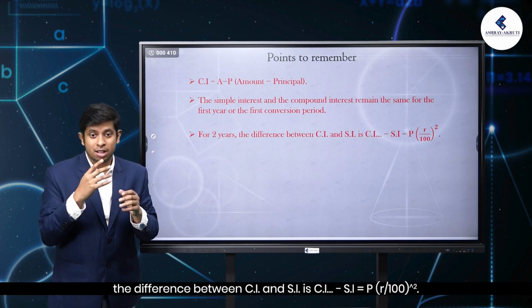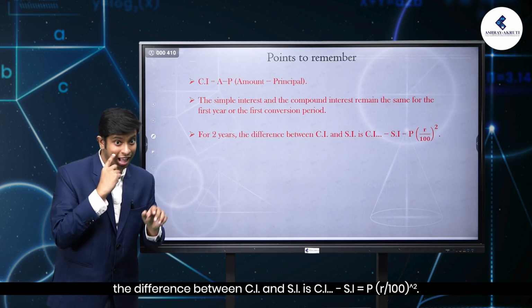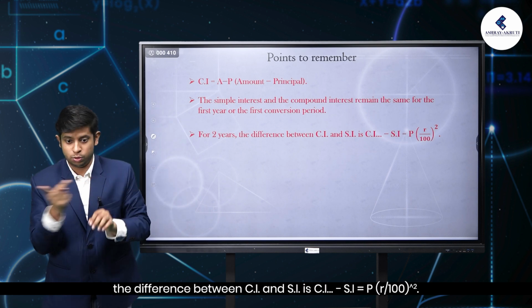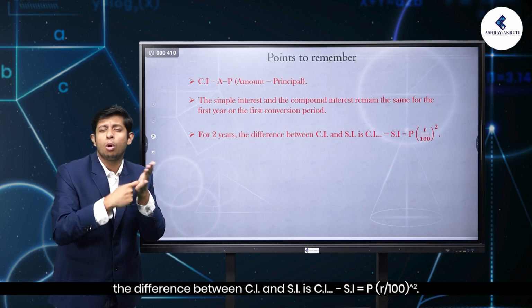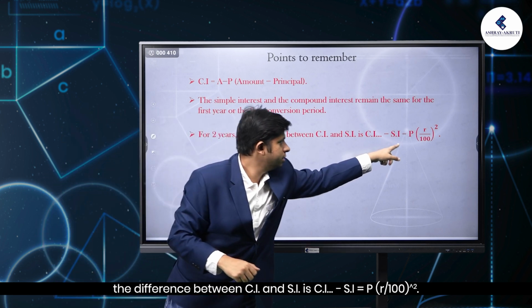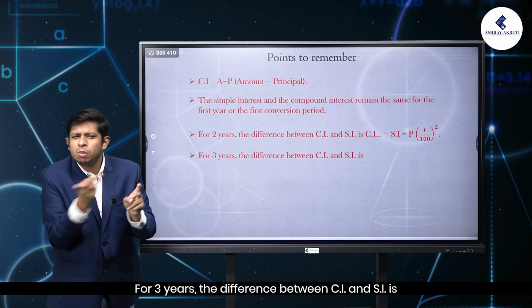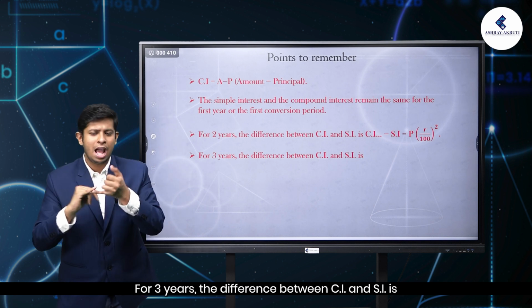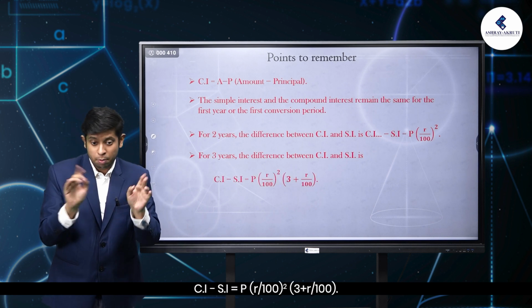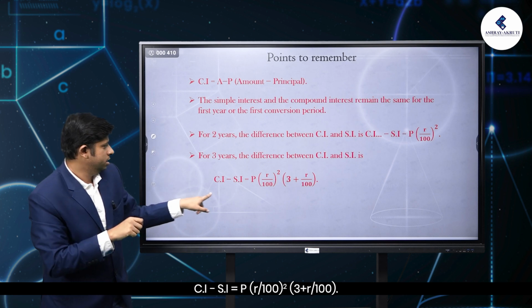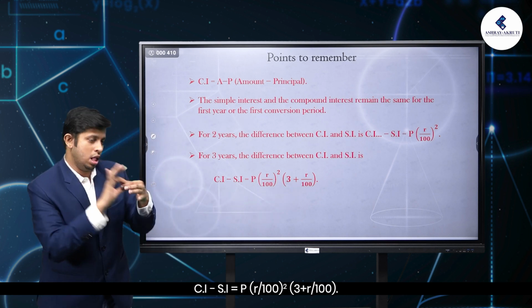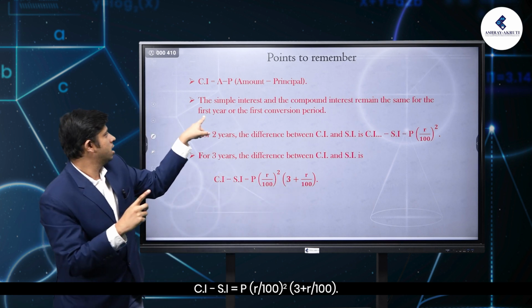For 2 years, the difference between compound interest and simple interest is compound interest minus simple interest is equal to P into R by 100 whole square. For 3 years, the difference is compound interest minus simple interest is equal to P into R by 100 whole power 2 into 3 plus R by 100.